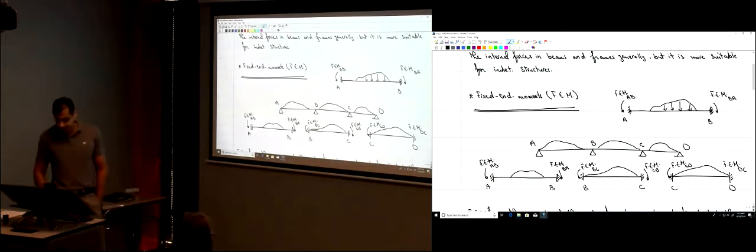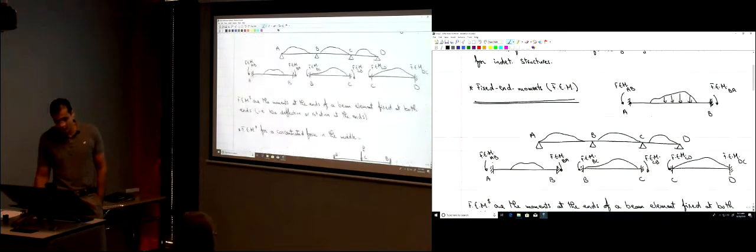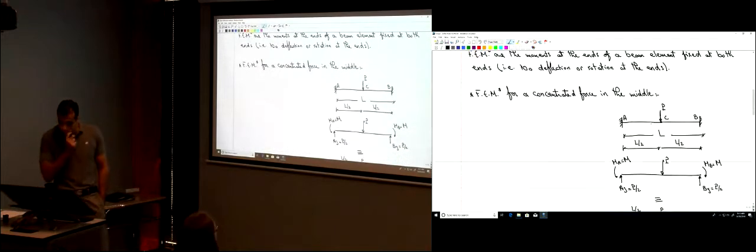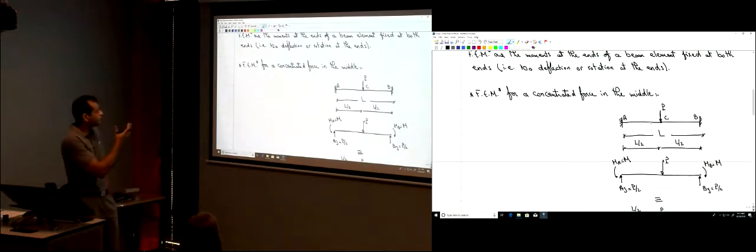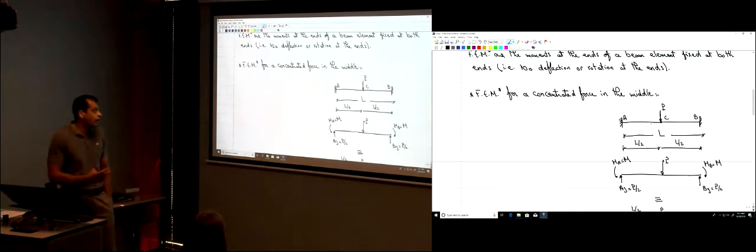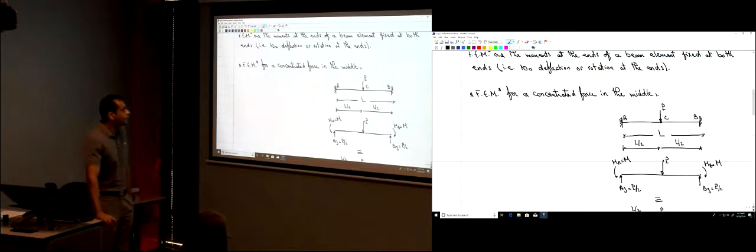So we started doing this last time. In order to find those fixed end moments, we started with a concentrated force right in the middle of the member. We have P over a member of length L, and we want to find the fixed end moment. We drew the bending moment diagram. We don't know how much is MA or MB. They are equal due to symmetry, but we don't know the magnitude of that moment M at the ends.